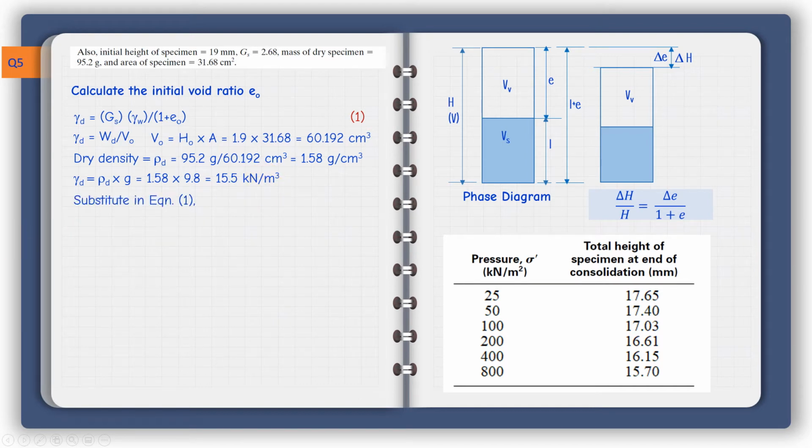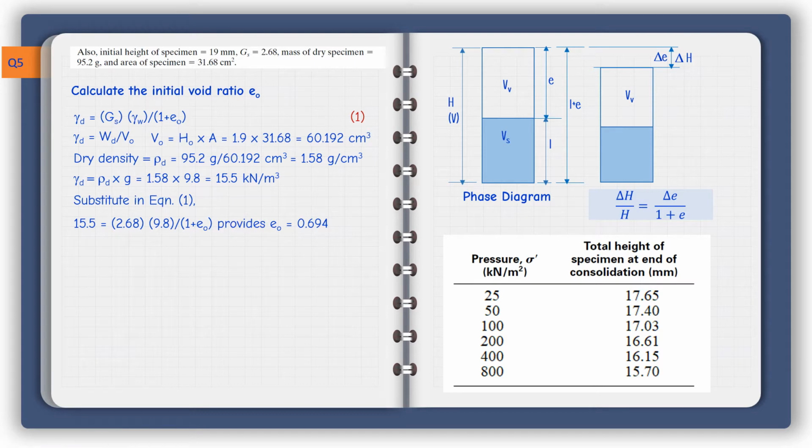Now I'm in a position to substitute in this equation to get the required initial void ratio. I calculated e naught here, 0.694.